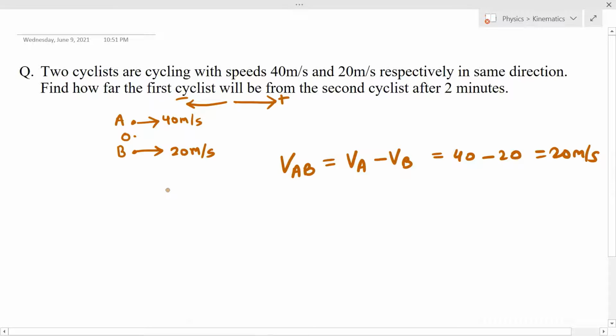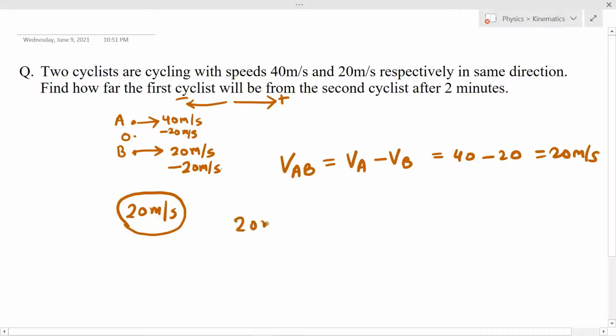Now after 2 minutes, how much distance will be covered by that cyclist? Obviously 20 meter per second. So I am taking this cyclist's velocity to be 0. I will subtract 20 meter per second from this, and I will subtract 20 meter per second from cyclist A. So cyclist A's velocity will become 20 meter per second and B will be stationary. So now at 20 meter per second it has to go for 2 minutes.